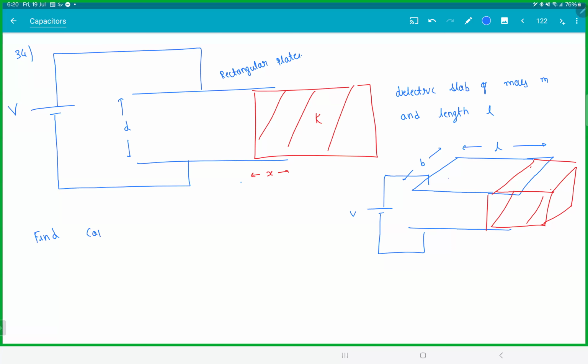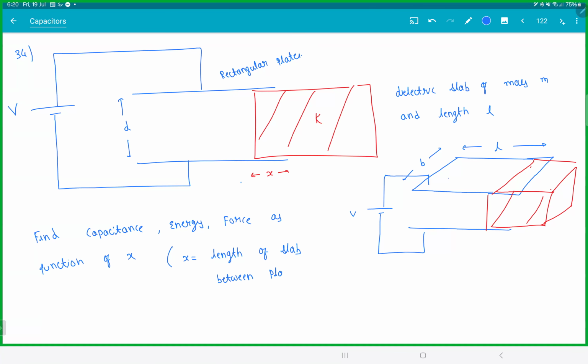So find the capacitance as a function of x. The x amount of slab has gone inside. Find capacitance, energy, and force as a function of x. X is the distance by which the slab has gone inside, the length of the slab between the plates.